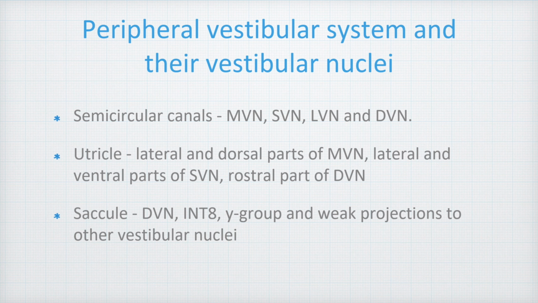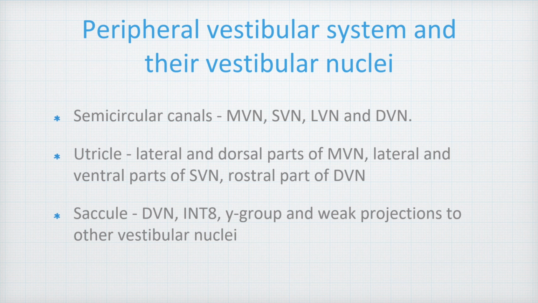Next up, we need to understand which vestibular nuclei are stimulated by which part of the peripheral vestibular system. So, the semicircular canals stimulate all four vestibular nuclei in the brainstem, but primarily MVN and SVN, medial vestibular nucleus and superior vestibular nucleus, are stimulated most by the semicircular canals, but the other two, lateral vestibular nucleus and descending vestibular nucleus, are also stimulated by the semicircular canals.